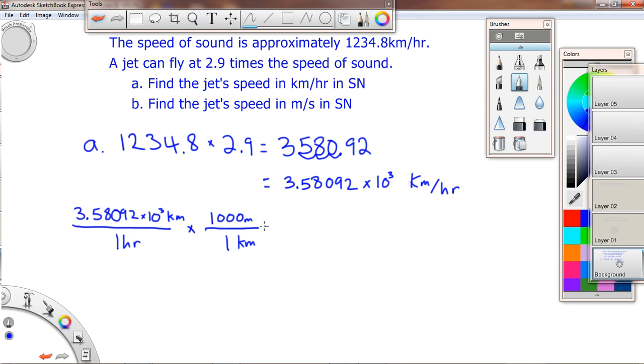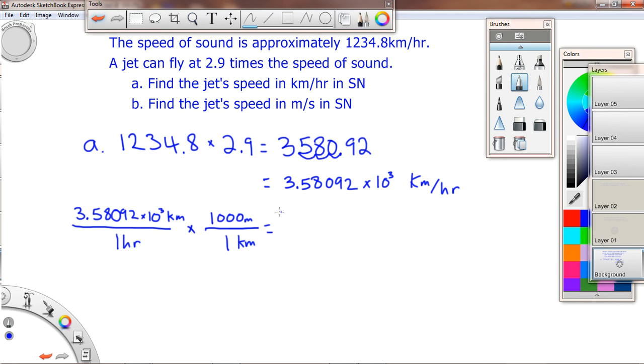So I'm not going to do the full chain like I normally would by myself. I'll just do each step here. This is super easy because, look, this is 10 to the third, and this is 10 to the third. We're really just multiplying 10 to the third times 10 to the third.